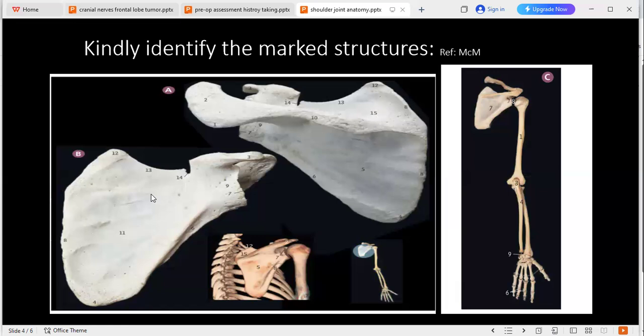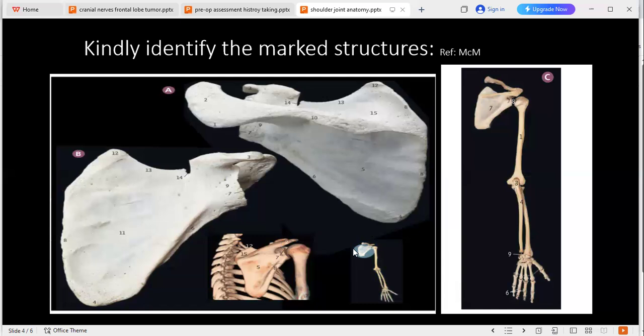Supraspinatus fossa. On picture C, identify number 11, please. It is the subscapularis fossa. All right. Which joint is this? This is the glenohumeral joint.